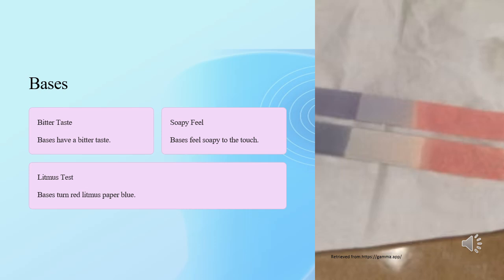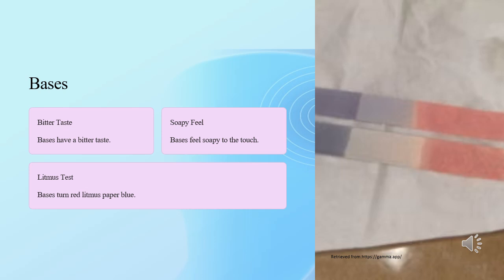Bases have a pH greater than 7. As for their properties, they have a bitter taste and are slippery, like soap and baking soda. They can conduct electricity when dissolved in water, and react with acids to form salts and water in neutralization reactions.